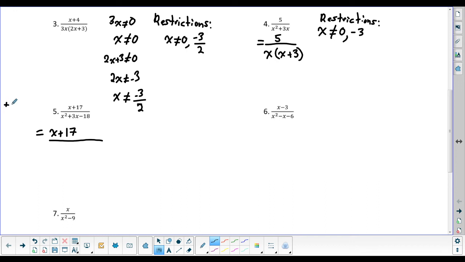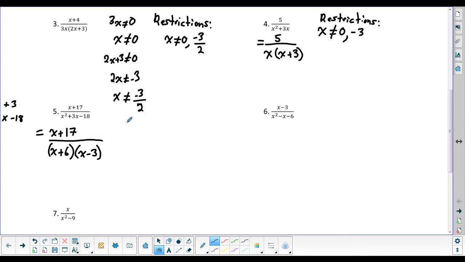We need to add to 3, multiply to negative 18. You might want to pause, try to figure that out, just get some practice. So that's going to be 6 and negative 3. All right. And the a value is 1, so we don't need to do decomposition.